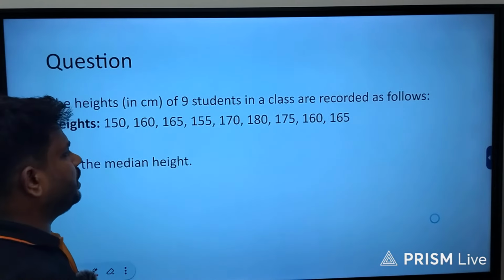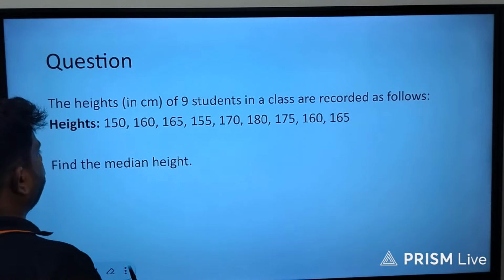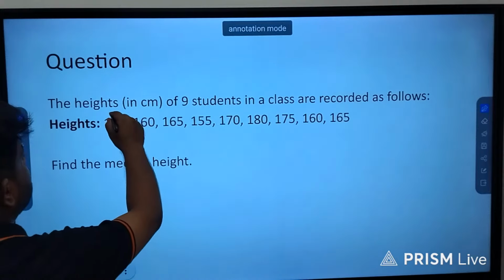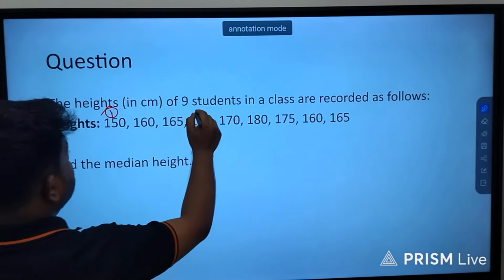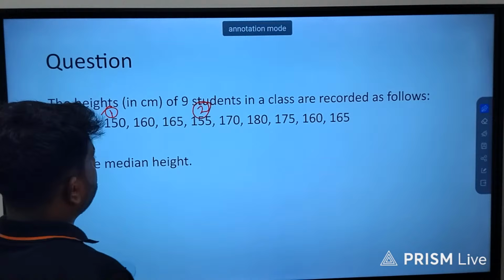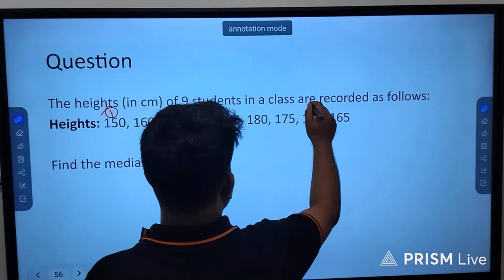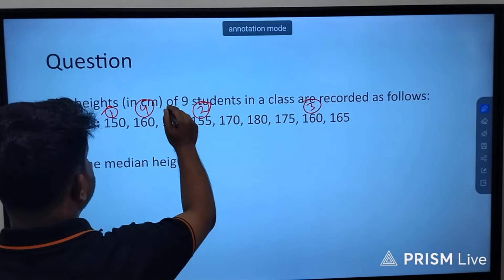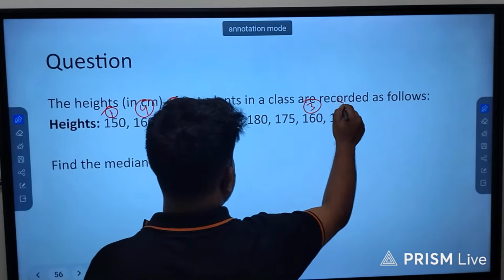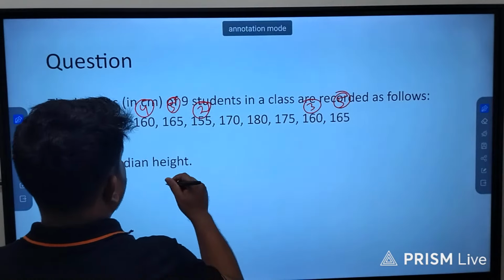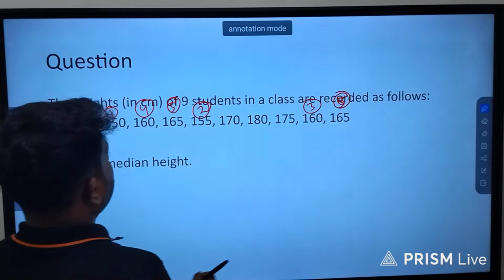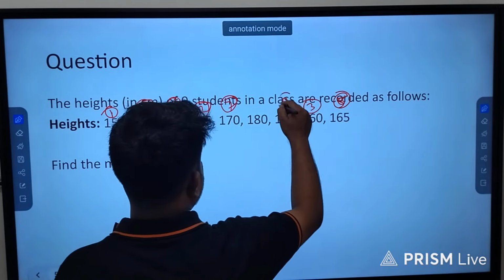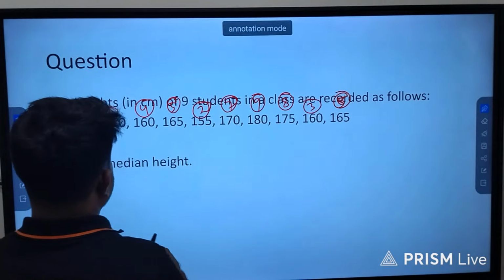The next question: the heights of 9 students in a class are recorded as follows. Find the median of the heights. For the median, what do we have to do first? Remember, we have to arrange them in ascending order. 150 is 1, 155 is 2, 160 comes 2 times, that is 3 and 4, then 165 also comes 2 times, then 170, 175 and 180.